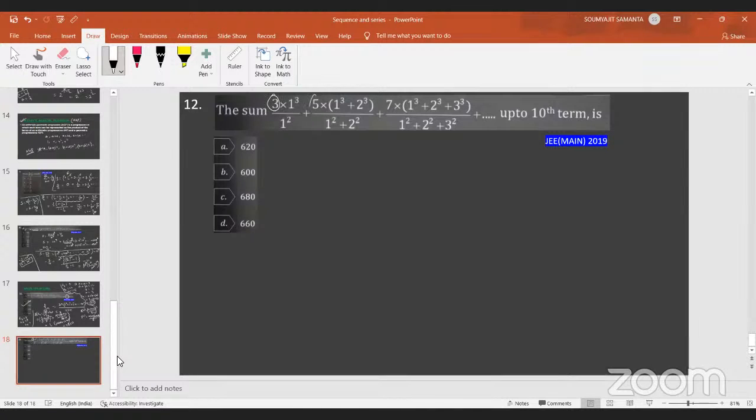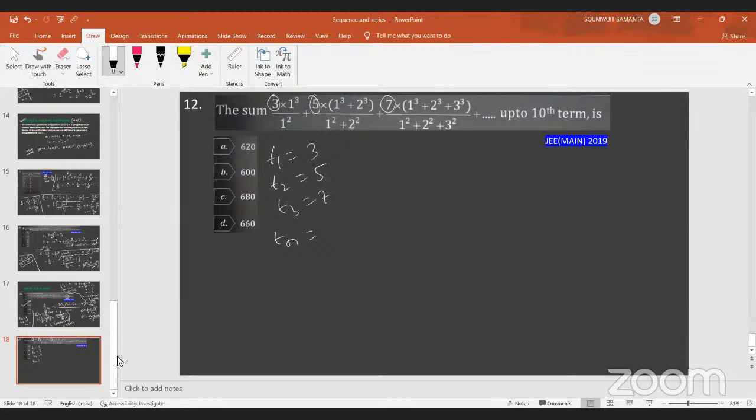You just see 3, 5, 7 and it continues. First term is 3, second term is 5. So T1 is 3, T2 is 5 and continues.